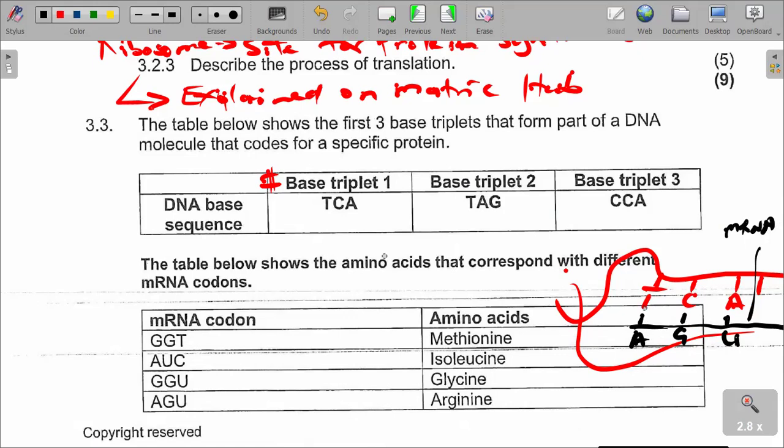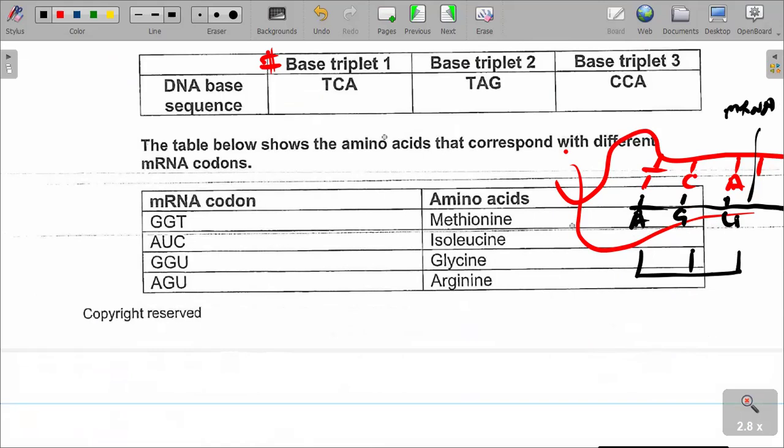Now the anticodons, we must derive them from this, so we must have the base sequence which comes from the tRNA. This is our tRNA.